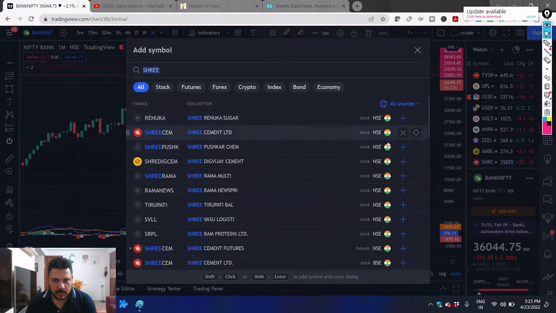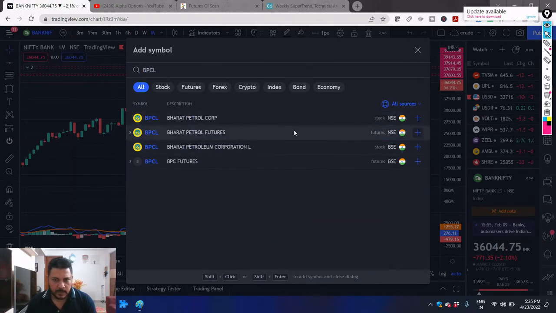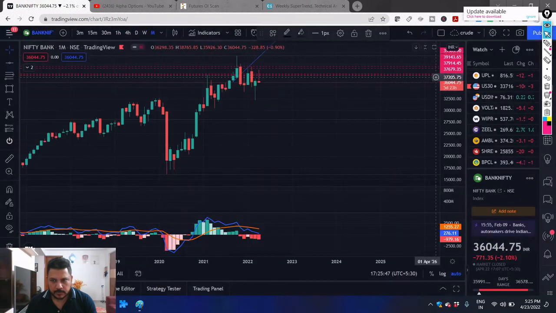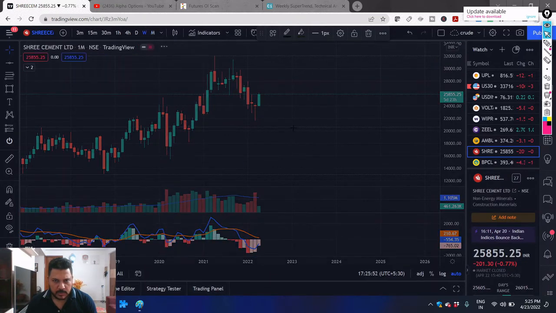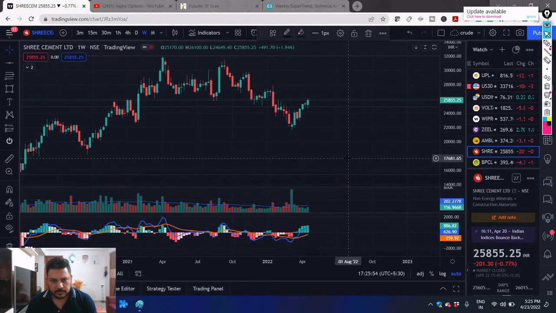Shree Cement, and there is BPCL, Bharat Petroleum Corporation. Let's see the weekly chart of BPCL. Okay, so BPCL looks pretty decent from this level.